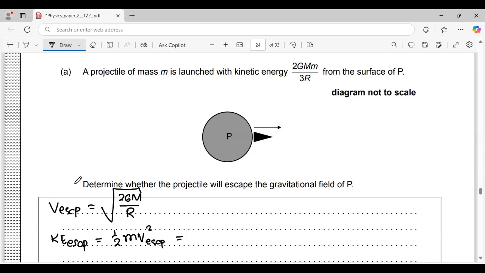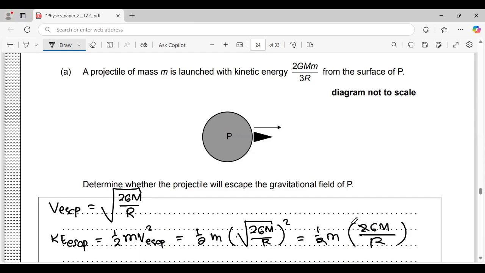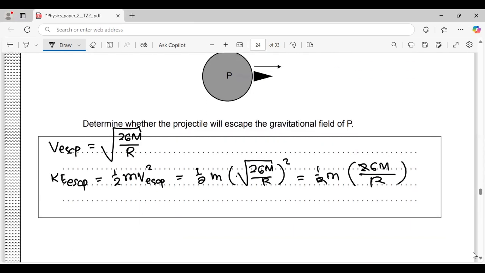If we substitute this equation into this formula, it's going to be half m times the square root of 2GM over r, squared, which becomes half m times 2GM over r. It equals GMm over r.